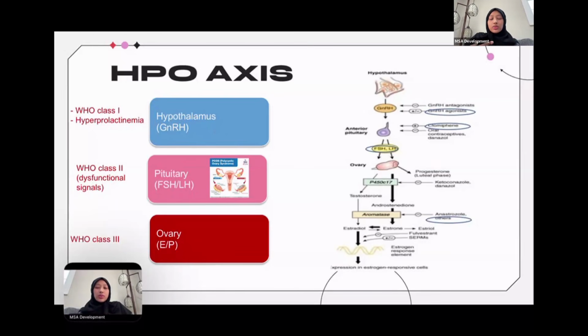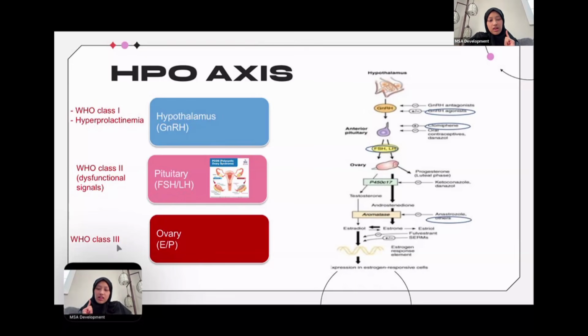The HPO axis is not the issue. It's the cysts that are causing the derangement and dysregulation in the signaling. So the FSH and LH will be a bit off and will not function in a pulsatile manner as they should, if you remember.